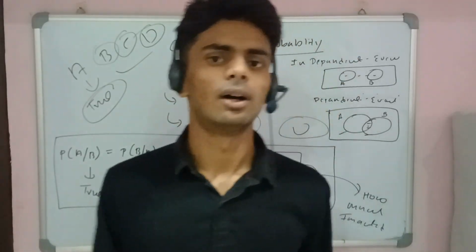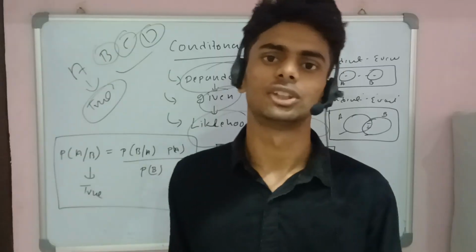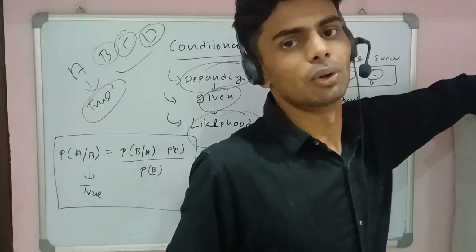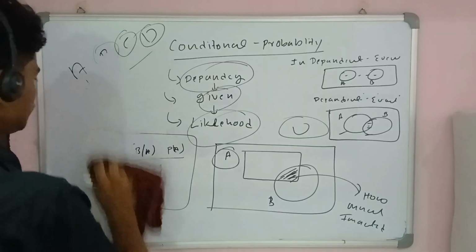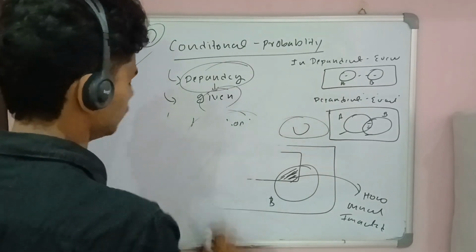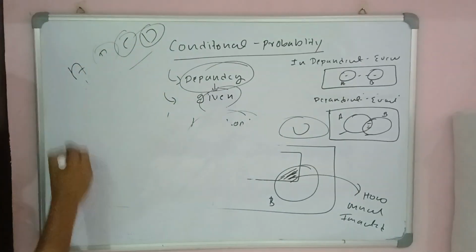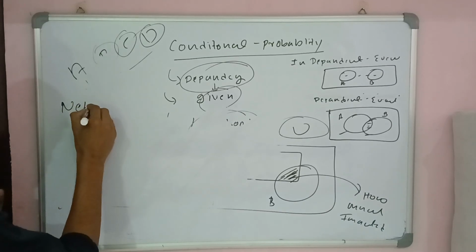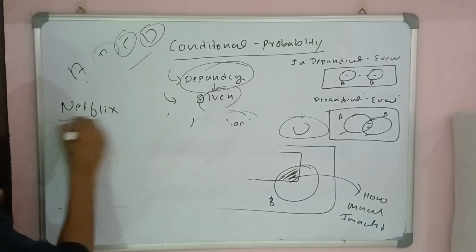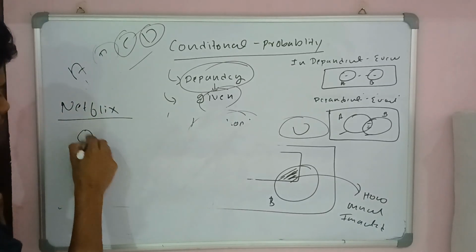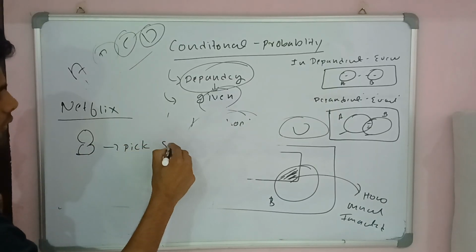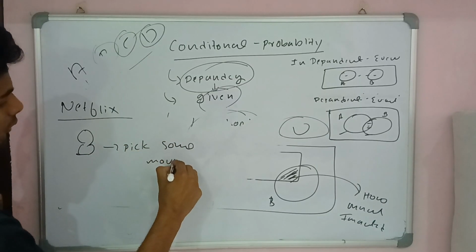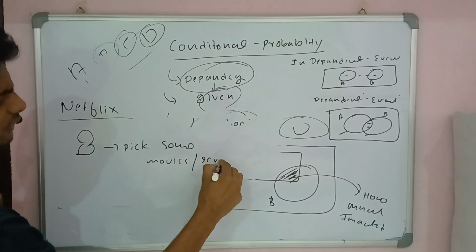Let me try to explain with the recommending system of Netflix, which is based on probability. Let me consider a particular user who picks some movies and series.